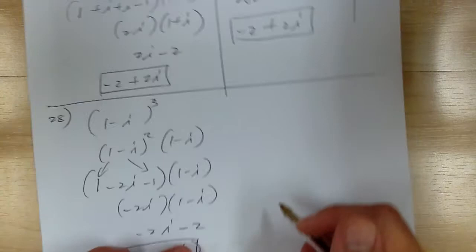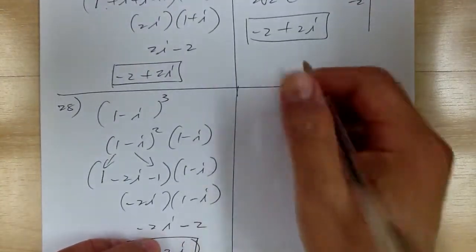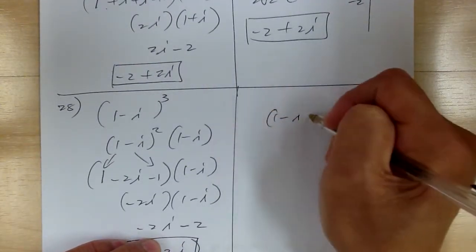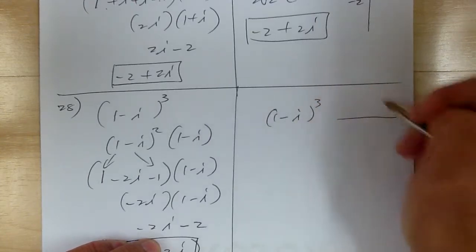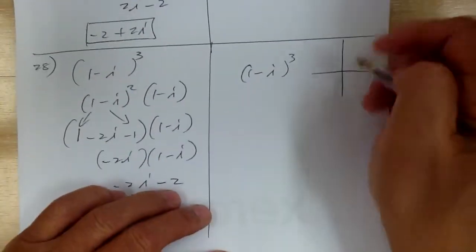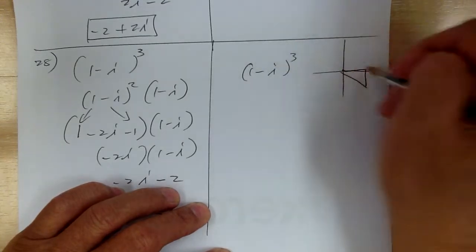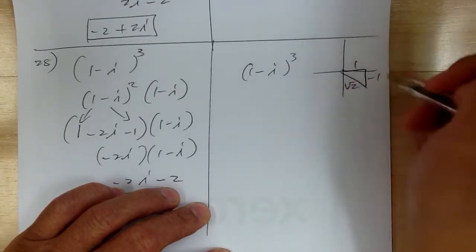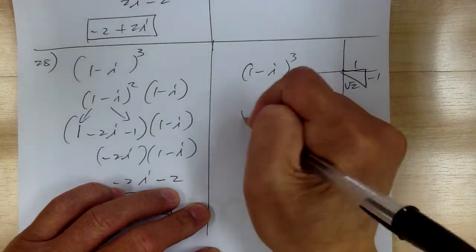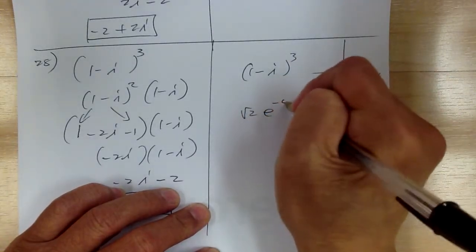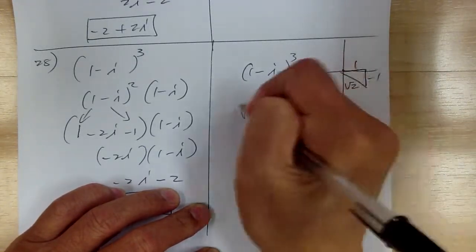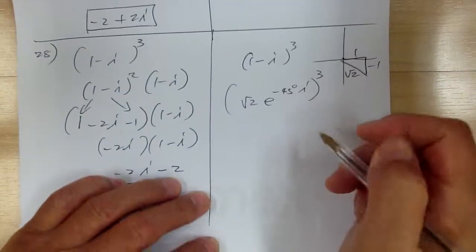Okay, now let's go and do this using the polar form. So you get 1 minus i. Okay, so 1 and 1, so it'd be square root of 2. So in this case, I get square root of 2 e to the negative 45 degrees i, to the 3rd power.